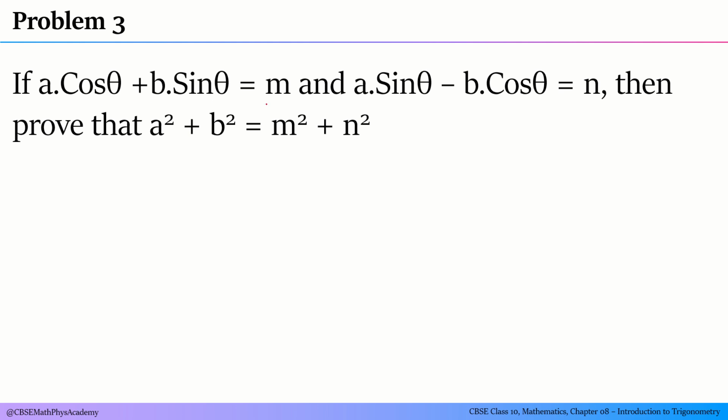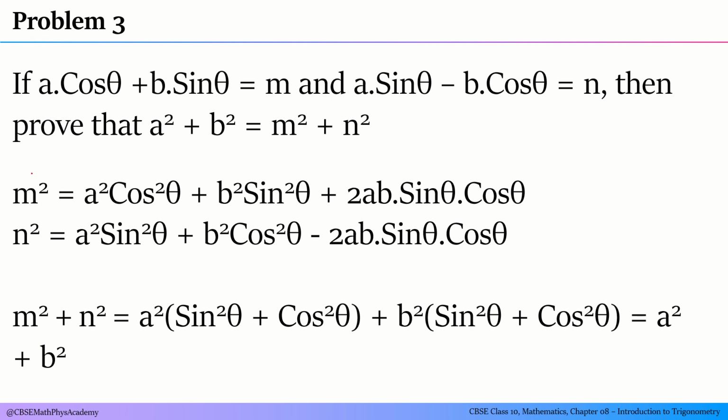A cos theta plus b sin theta is equal to m, and a sin theta minus b cos theta is equal to n. They are asking us to prove a square plus b square is equal to m square plus n square. So you have to first find the value of m square, n square, then add both. When you add both, you should get a square plus b square on the other side of the equation.